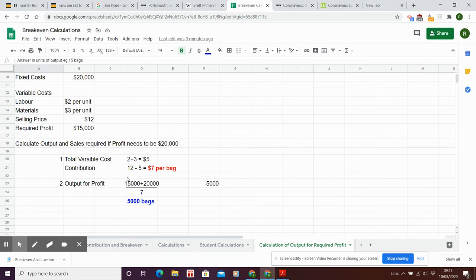So fixed costs is 20,000. Required profit is 15,000. On the top, we've got 35,000 as a total. We divide that by the contribution per bag of 7, and that gives us a nice round number of 5,000. So we don't need to worry about rounding up, and the answer therefore is 5,000 bags.